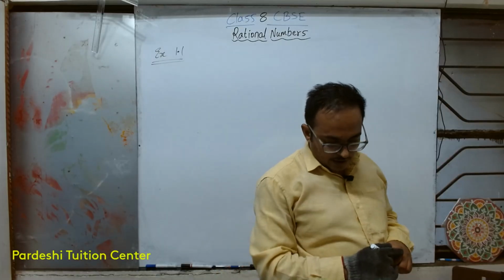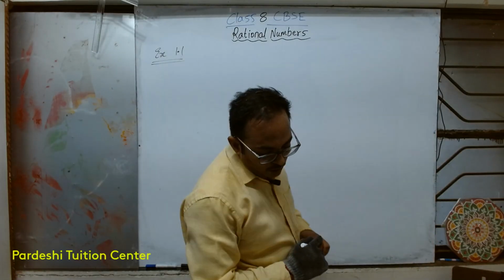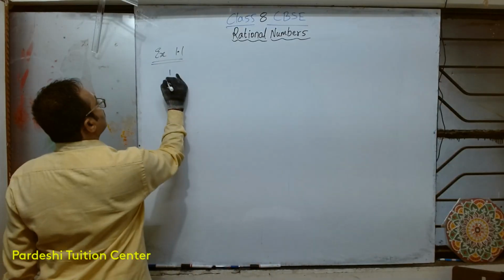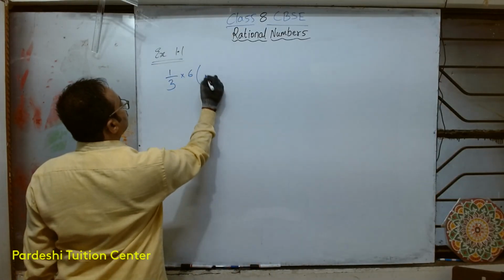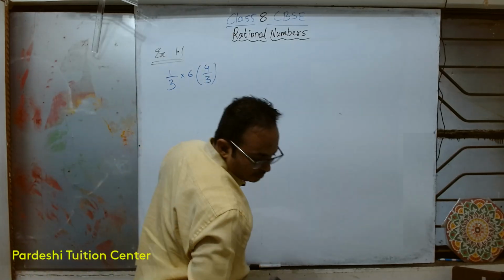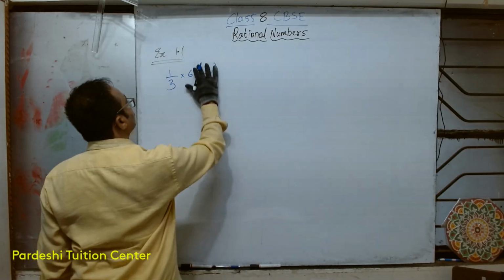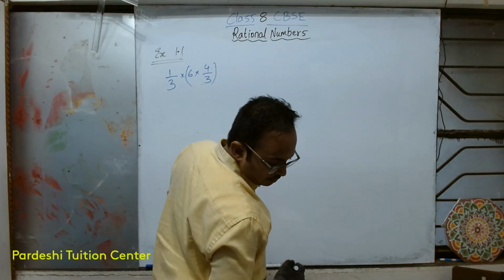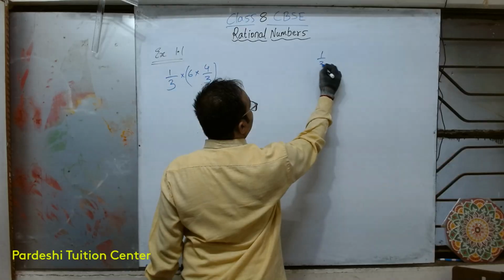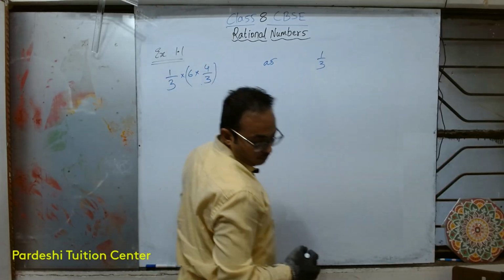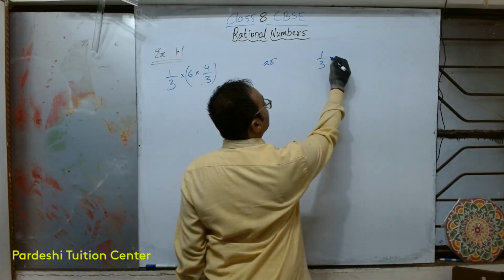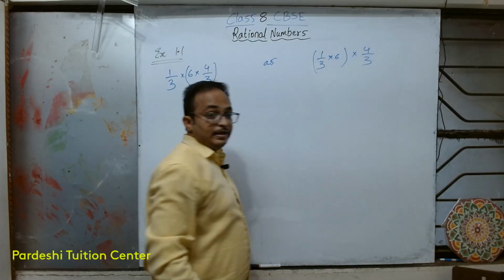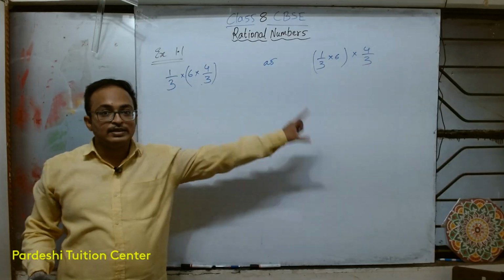Okay, next question. Tell what property allows you to compute 1 by 3 into 6 into 4 by 3. Let us first check whether this is right or wrong.